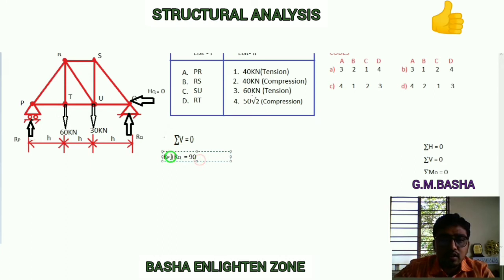So here the two unknowns are RP and RQ. If you want these values, then you take moments about any one point. If you resolve entire moments about Q or entire moments about P, you will get that.